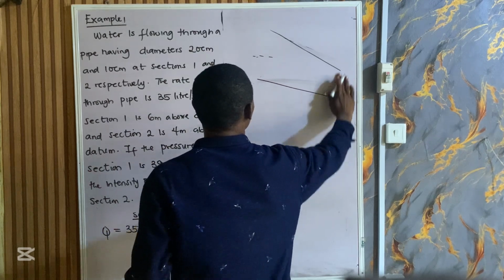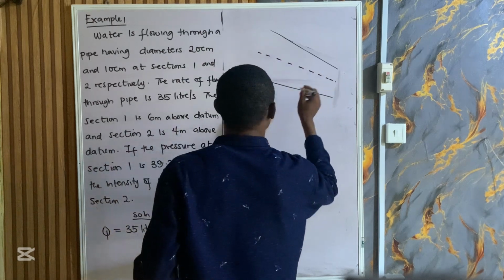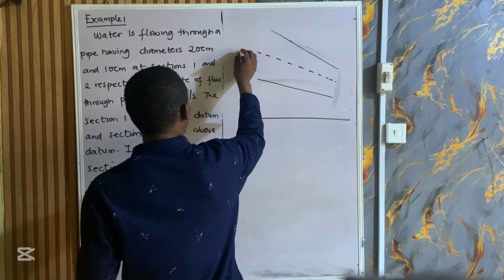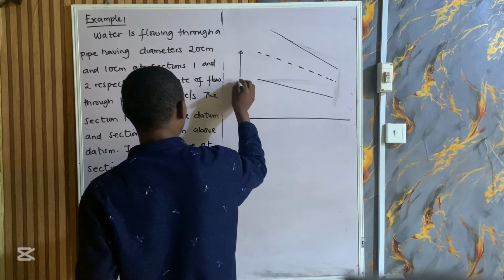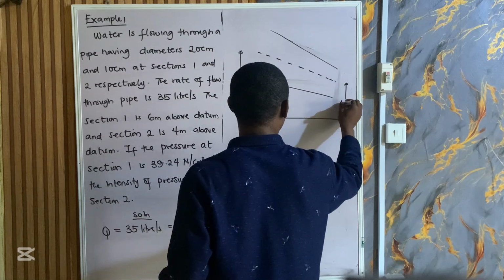Let's say this is the datum. The distance from here to here is 6 meters, and the distance from here to here is 4 meters.